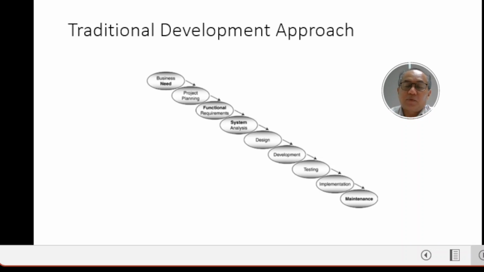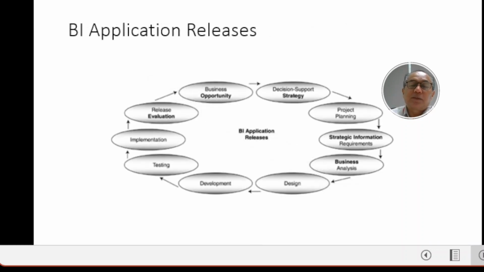But for a business intelligence system, it doesn't start with business needs. It starts with business opportunity. So we look at what opportunities arise that we want to apply our business intelligence to. Business intelligence applications are mostly driven by business opportunity rather than business needs.